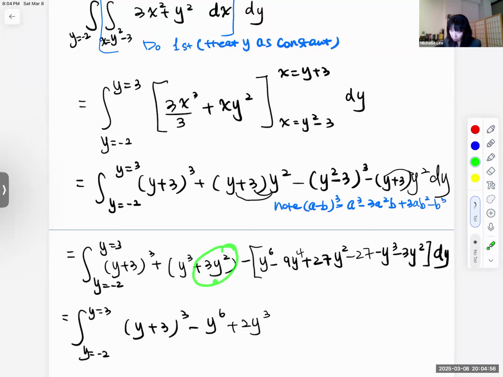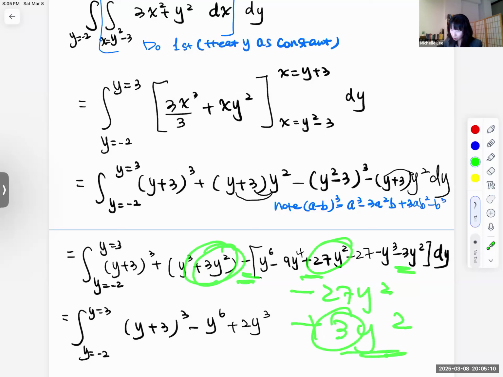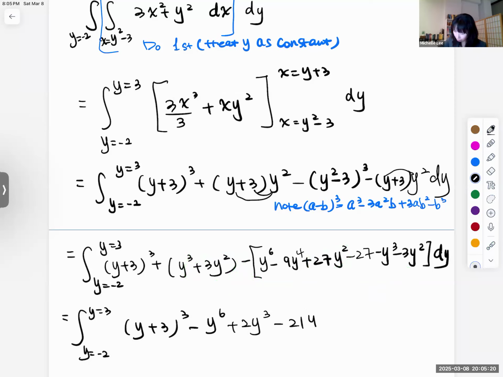Positive 3y squared and negative 27y squared, and negative is positive 3y squared, right? So we have 6y squared minus 27y squared. We will have a negative 21y squared. Okay, the constant term, negative is positive 27.